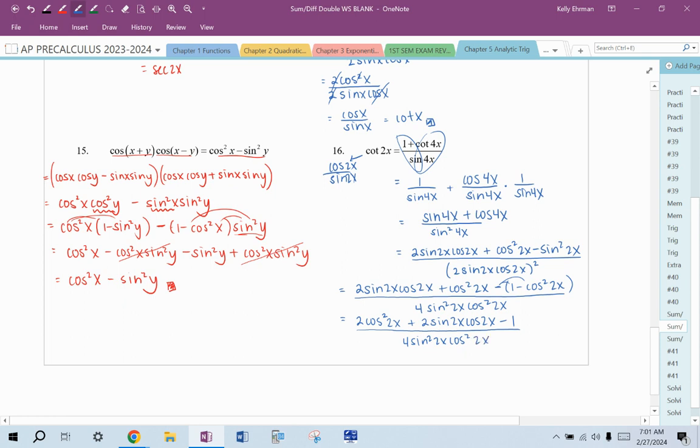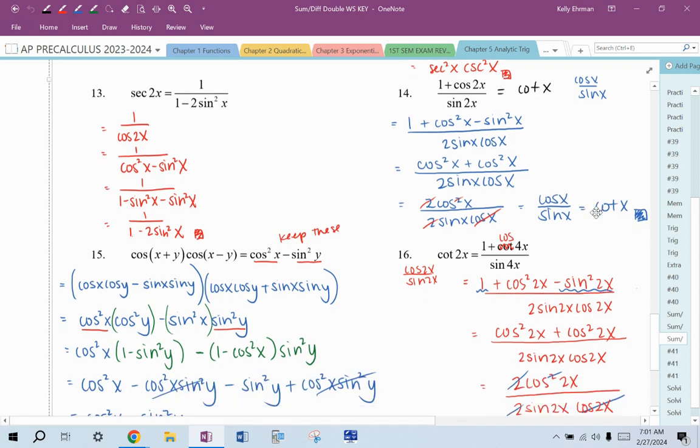Let's see. If we want to, we can't factor because this has a sine 2x in it. What could we do at this point? Maybe I made a substitution a bit too early. Let me see. I think I made a mistake somewhere in my work and I can't catch it. So I'm going to check what I did on my first one.